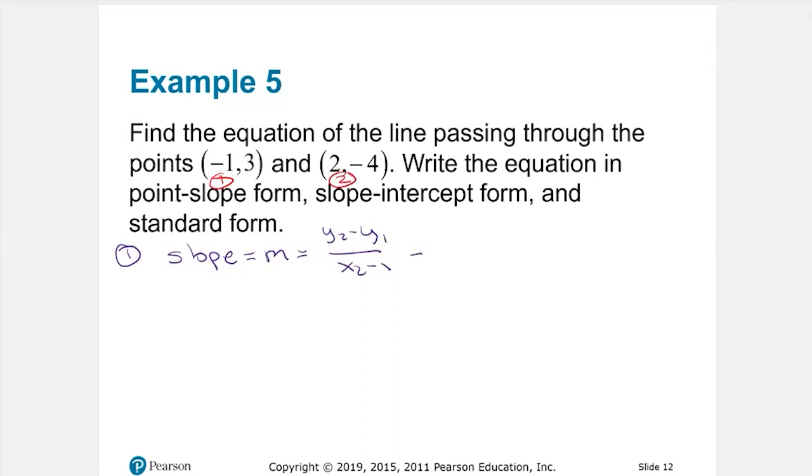So I get y2 is -4 minus y1, which is 3, divided by x2, which is 2, minus x1, which is -1. So I get -7 divided by 2 minus -1, which is 2 plus 1, or 3.